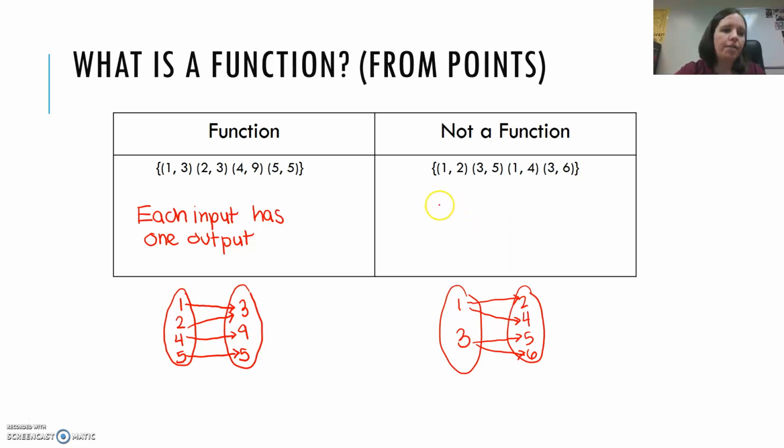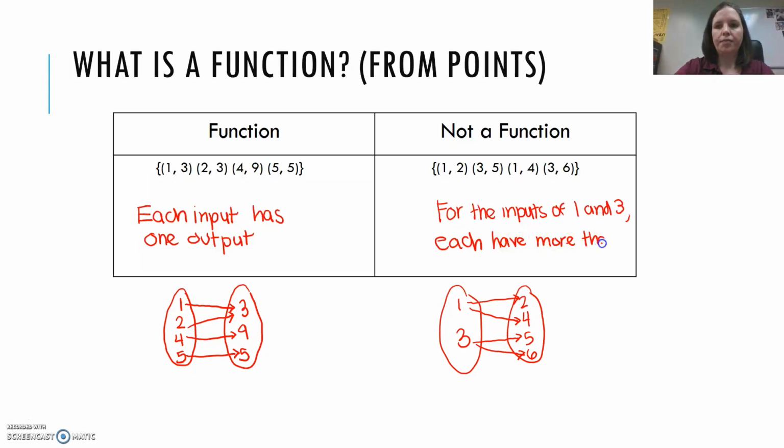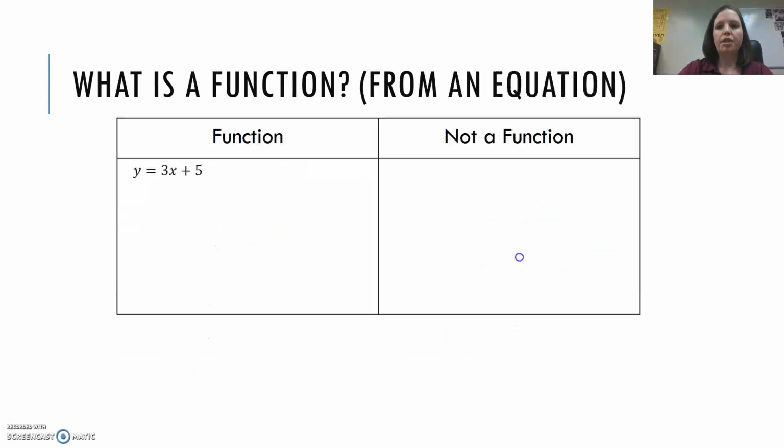So for this not a function, we'll just give the example that the inputs of 1 and 3 each have more than one output. You want to identify the case here because we have specific numbers.